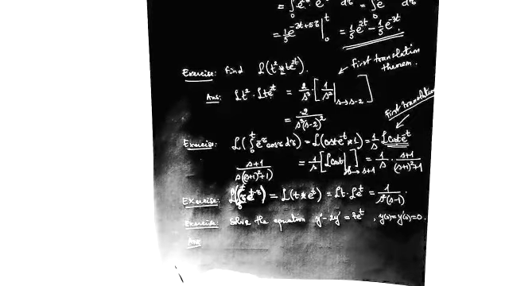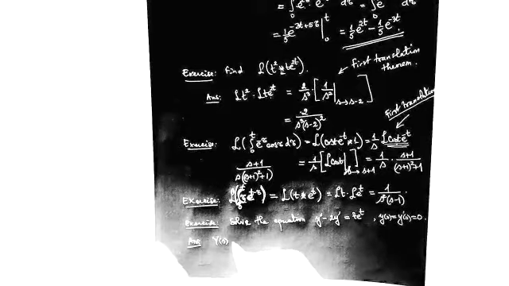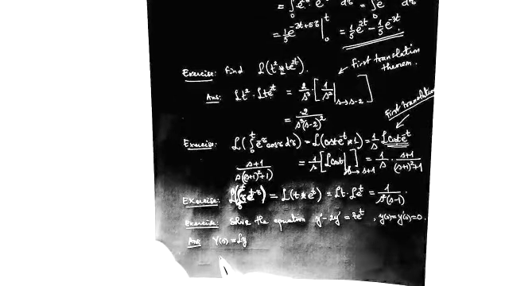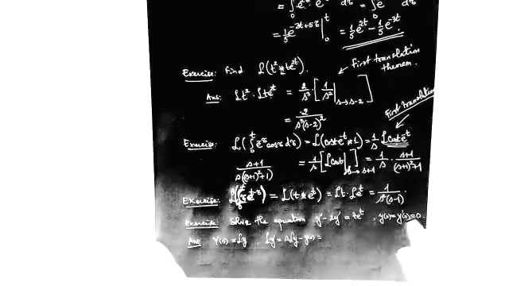To start answering this question, you start by setting the Laplace transform of y, we will call it capital Y. So we find the Laplace transform of y prime. This is S times the Laplace transform of y minus y of 0. Y of 0 is given here as 0.